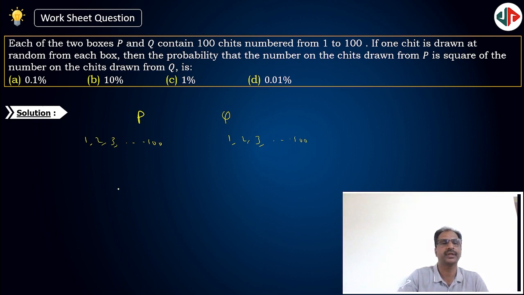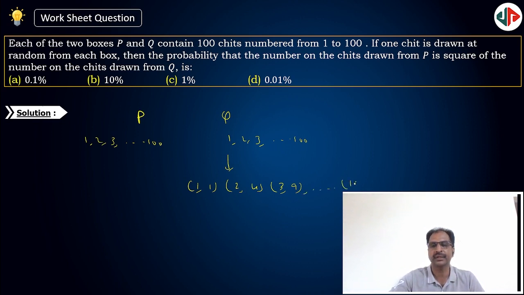One chit is drawn at random from each box, then the probability that the number on the chit drawn from P is the square of the number on the chit drawn from Q. Suppose if you select 1 from Q, then I should select 1 from P. If I select 2 from Q, then I should select 4 from P. If I select 3 from Q, I should select 9 from P, because the number selected from P should be the square of this. Like that, if I select 10 from Q, then I should select 100 from P.